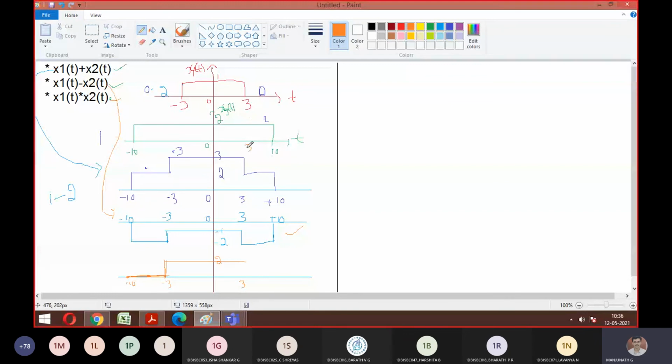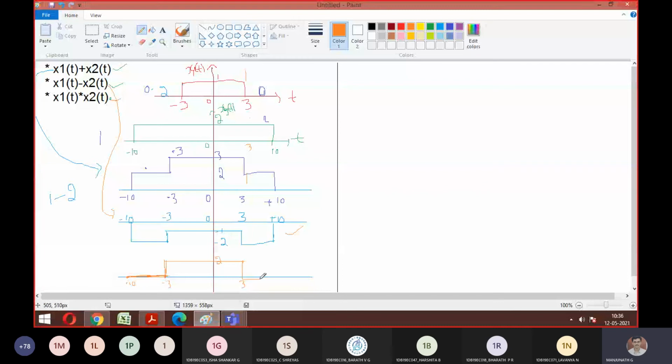It is remaining at the same position at 3. But after 3, you can see there is 0 here, so it will come down, then it will become constant like this. Is it okay, guys? So this is how your multiplication works.